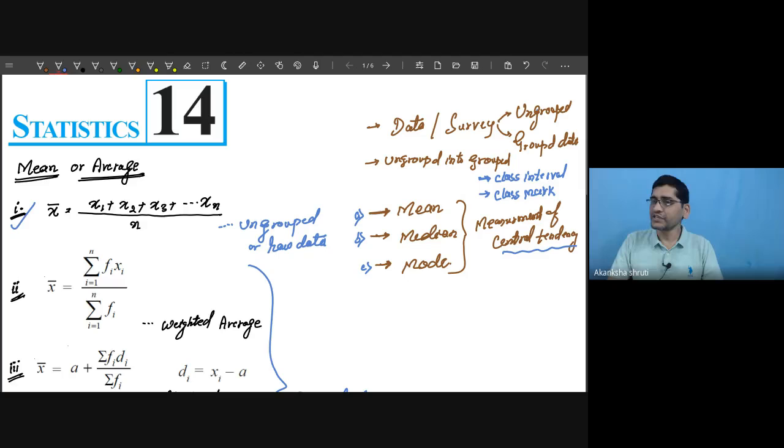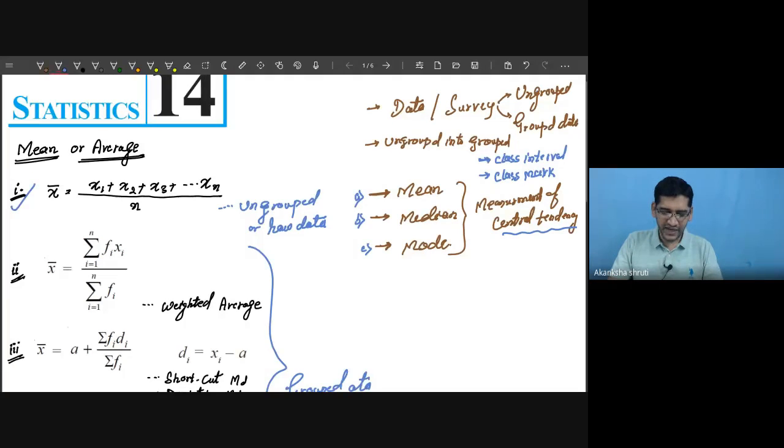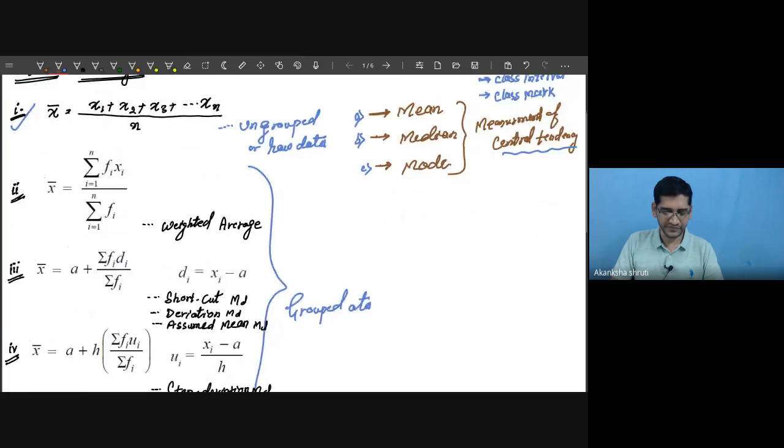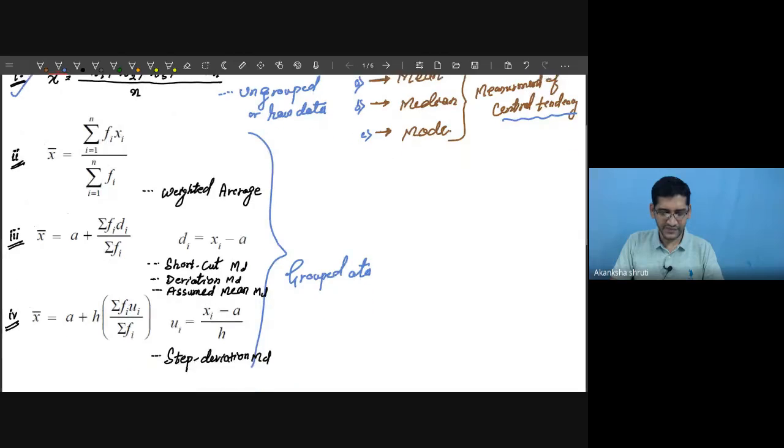But if it is converted into an interval or into a group data, then three other formulas are there. Then we can use for mean Σfixi by total Σfi, or the assumed mean method, as we assume a mean here. In that assumed mean method, we will correct it by adding Σfidi by Σfi. Here di is the deviation from the assumed mean.